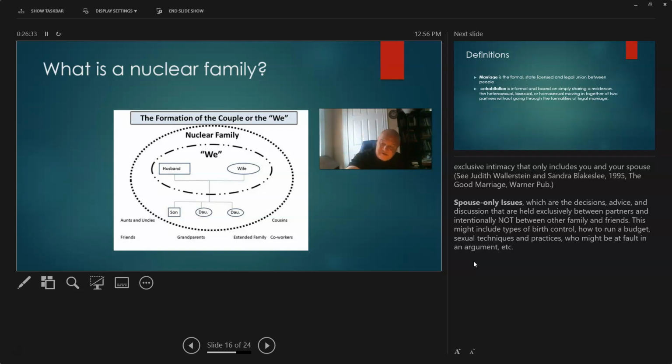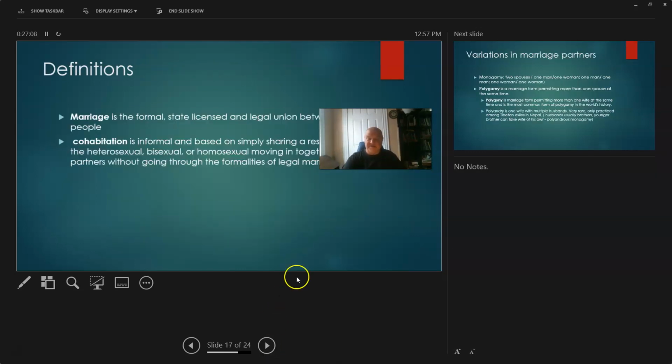And notice, if you look here, you have the boundary around the spouses, and we have the children, and then another kind of boundary around that, and then other people within the extended family and people not in the family: co-workers, friends, etc. This is a good way of looking at a function of marriage, for example, how it establishes a legally established union.